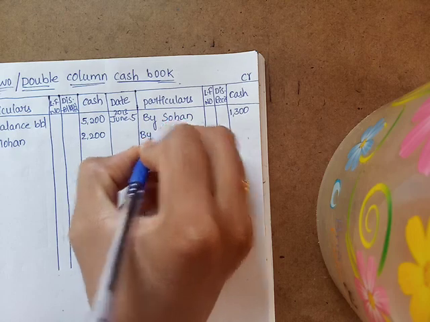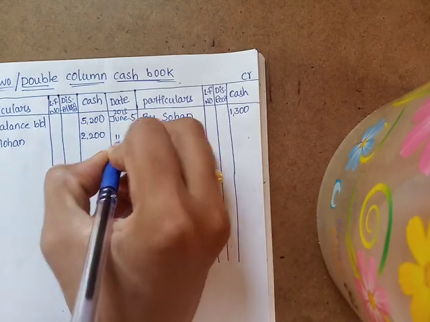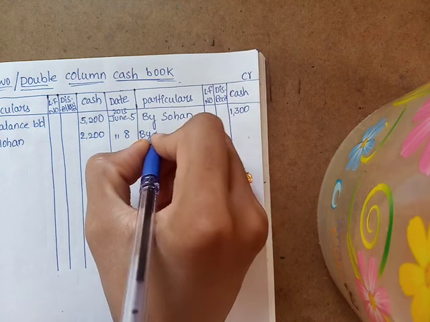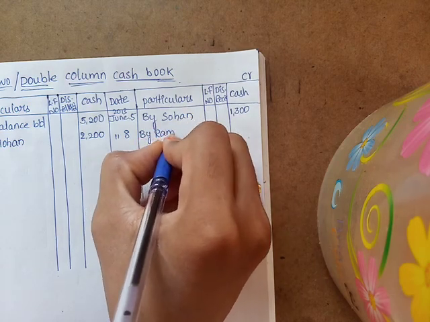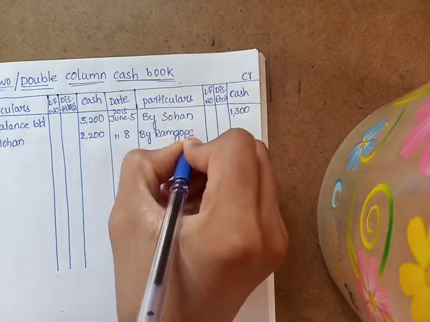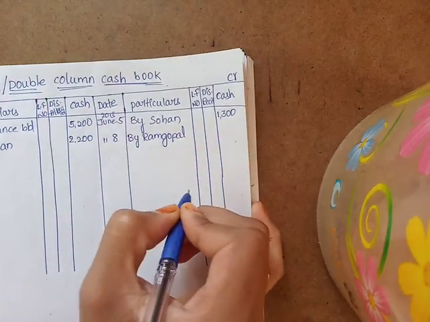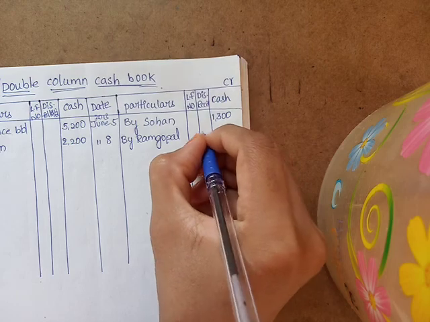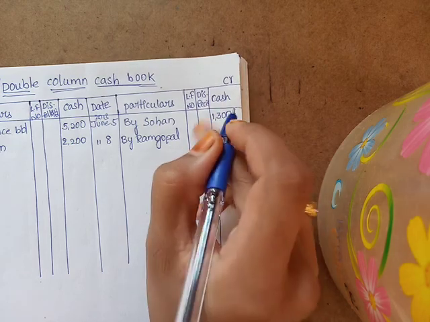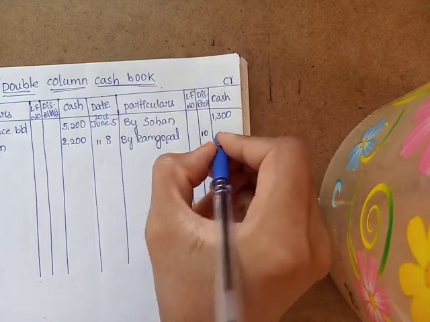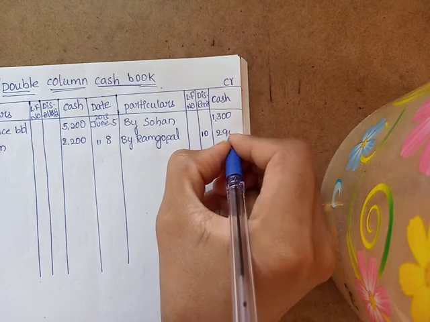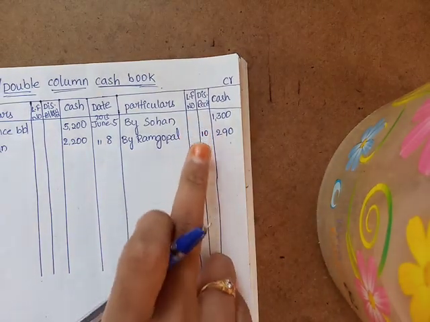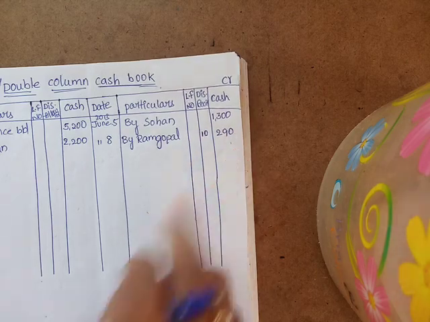So on the cash book credit side, on the 8th, by Ram Gopal, how much is discount received? 10. So that 10 rupees will be written under the discount received column, and the cash amount is 290. Like this you have to write in the discount received and cash.